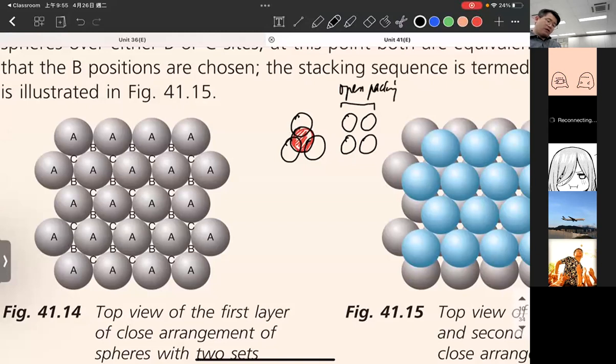It's rather open, especially when you have one orange here and a third layer on the same level. Why do you say so? Because the space in between is rather large. Can you get my point? While for this, it's rather close.